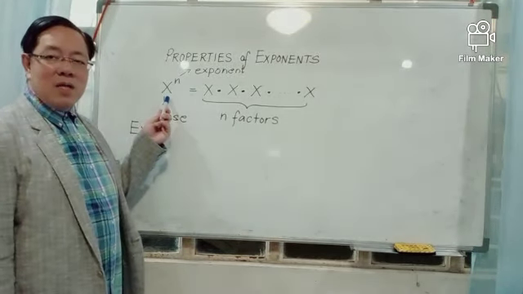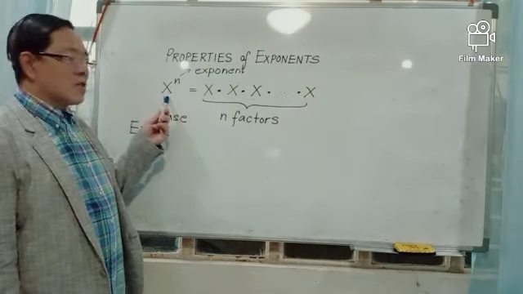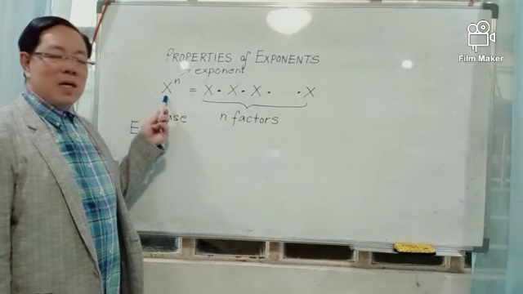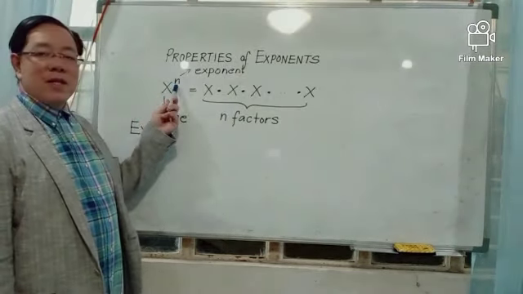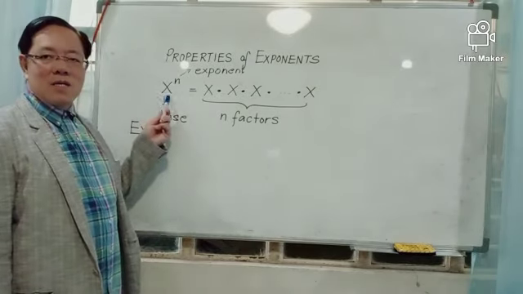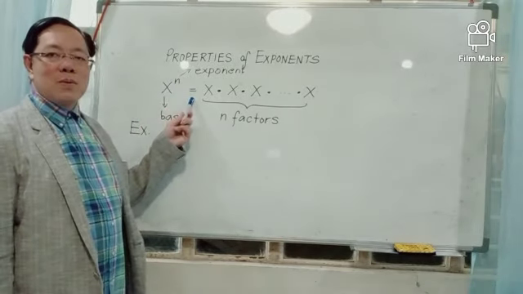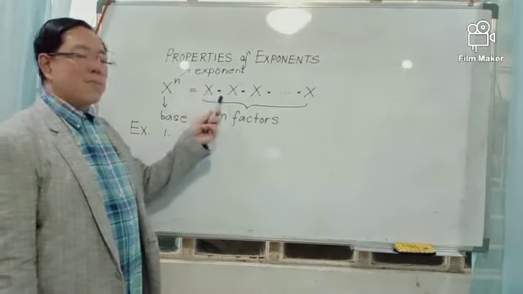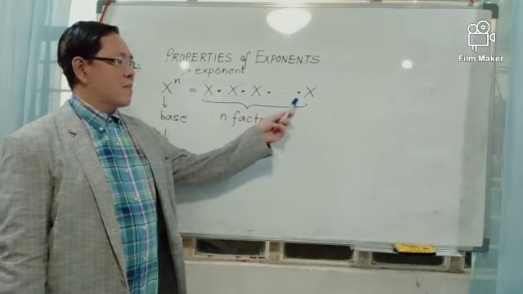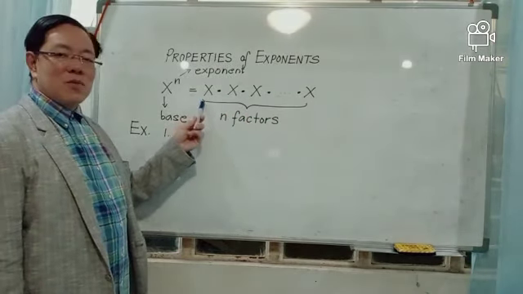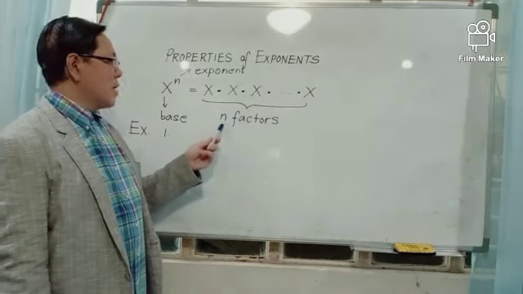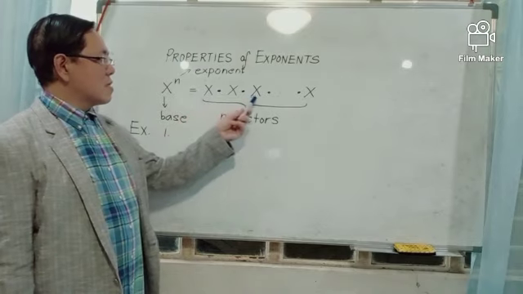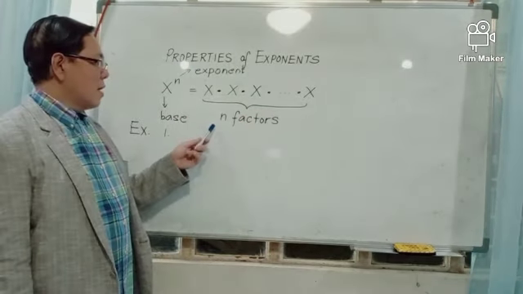And by expansion of this exponential notation, x to the power n, it means you multiply the base x by itself n times. Hence, x to the power n is equal to the product of x and itself, where x is multiplied by itself n times. That is why at the right hand side of this equation we have n factors of x.